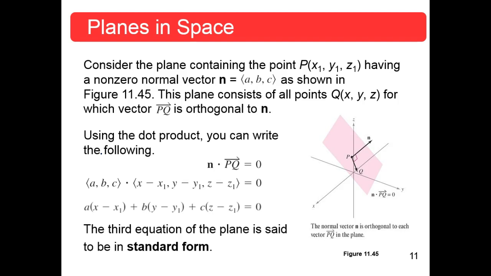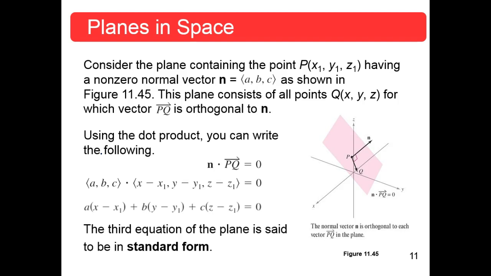And it has a non-zero, thank goodness, normal vector n, which is ABC. Now what does normal mean? Perpendicular to, orthogonal to, at right angles to. That's the normal vector, ABC, shown in this figure.